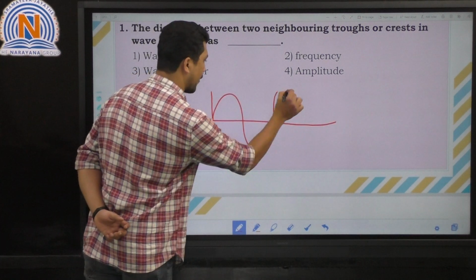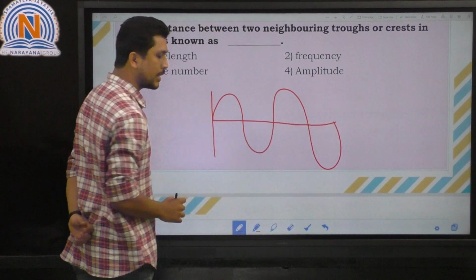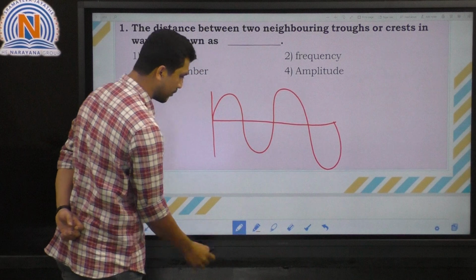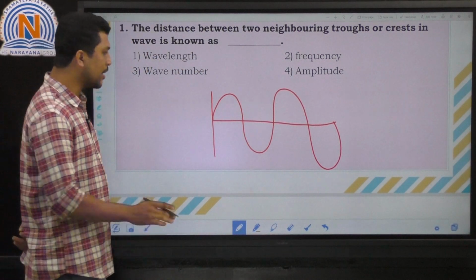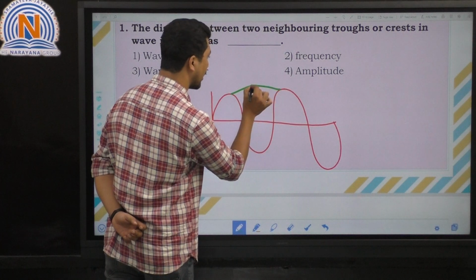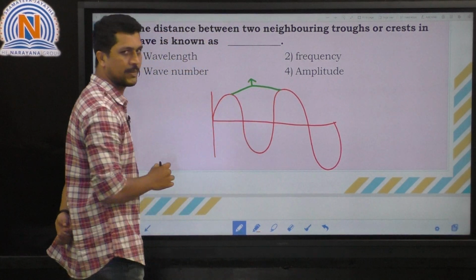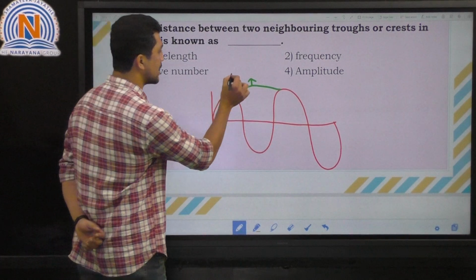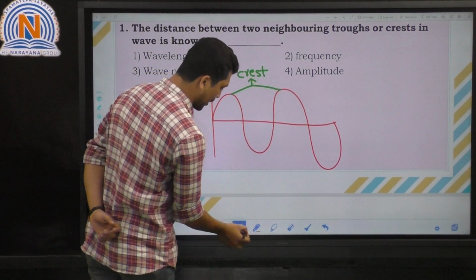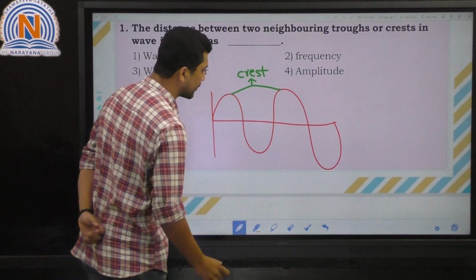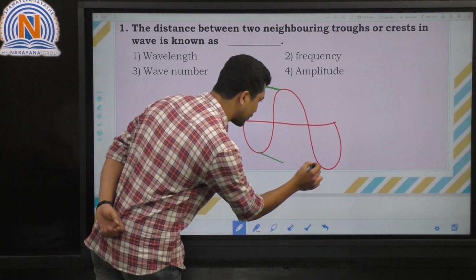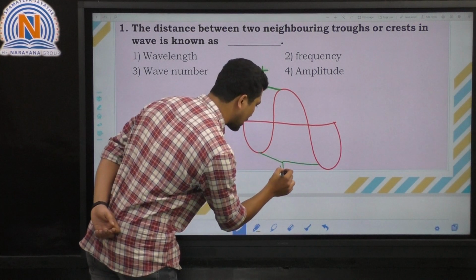In a wave, the height of the wave, I mean this one and this one, is called a crest. And the depth of the wave, I mean these two, is called a trough.